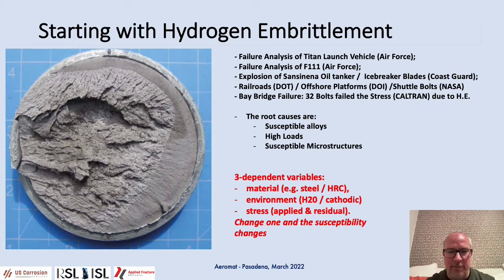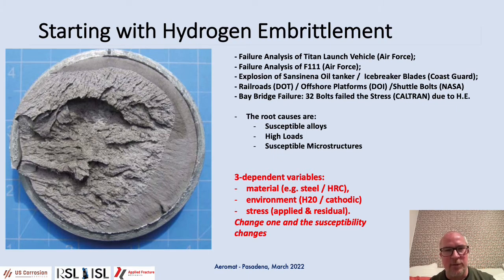It's been used by the Department of Transportation for railroads, by the Department of the Interior for evaluating offshore structures and platforms, and by NASA for looking at bolts on the shuttles. And recently, one that many of you are probably familiar with is the Bay Bridge failure analysis, in which they evaluated 32 large bolts that failed due to hydrogen embrittlement as part of the construction process of the new Bay Bridge in San Francisco.